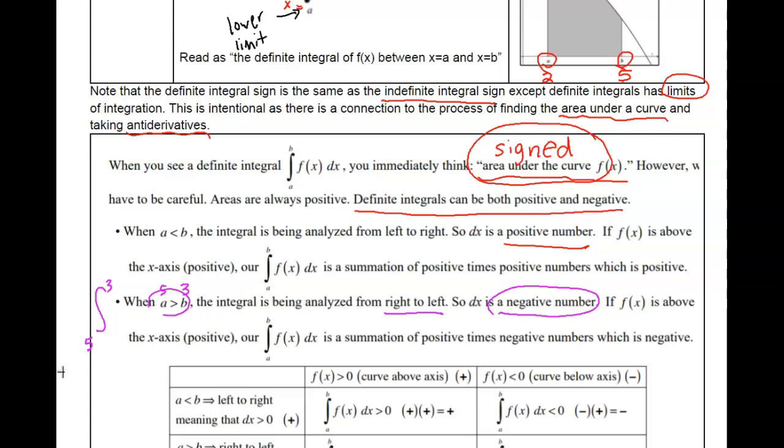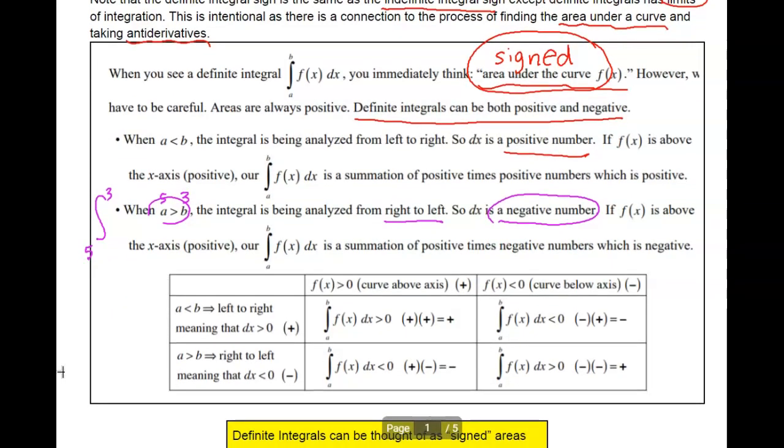Now, there's other ways we can talk about the limits going forward in order or backwards, but we can also talk about area being above the x-axis or below the x-axis. So there's two different kinds of forces at play. So think about that.